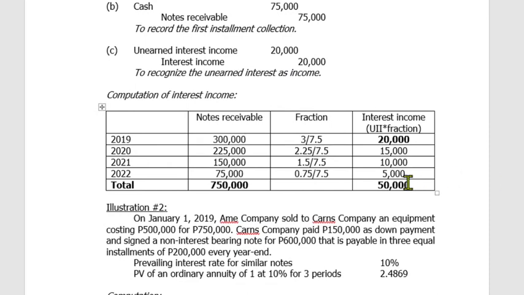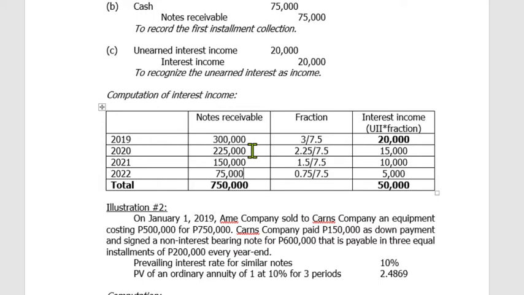Ibig sabihin, for 2019 to 2020, kung magbabayad ka ng notes receivable, babawasan niya ng 75,000. So, magiging balance na lang is 225,000. Kung magbabayad ka for the period 2020 to 2021, mababawasan niya ng 75,000. So, magiging balance na lang ng NR mo ay 150. Kung magbabayad ka for the period 2021 to 2022, ang magiging balance na lang niyan is 75,000. So, magbabayad ka for your last installment, yung 75,000 ay magiging 0 na.